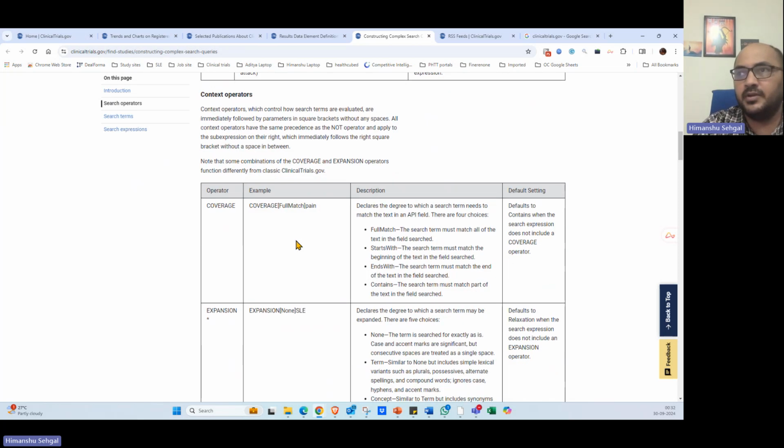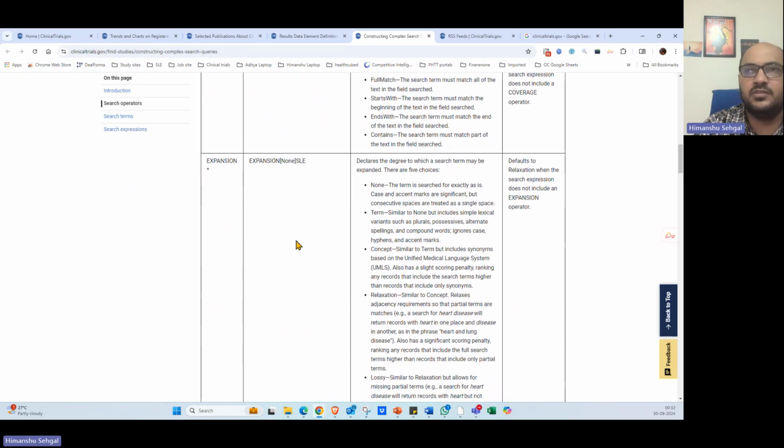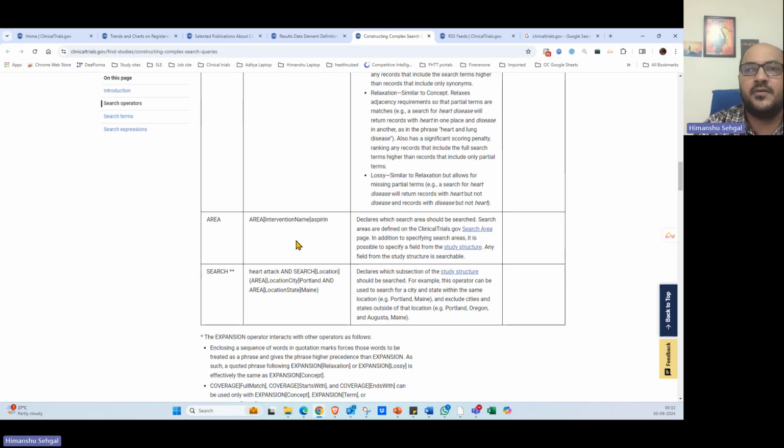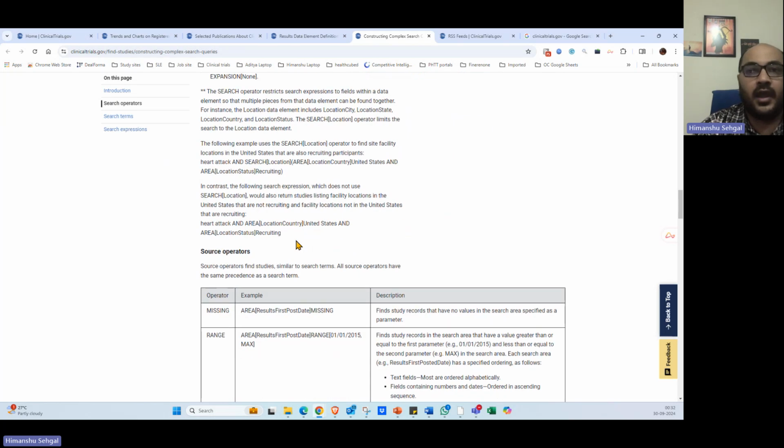There is this context operator. I refrain from using it because it sometimes limits the search a lot. I know about them, but I don't use them.